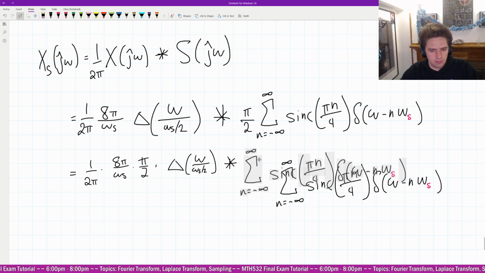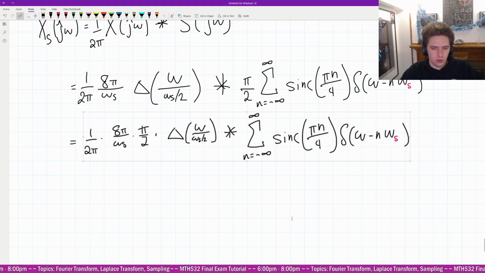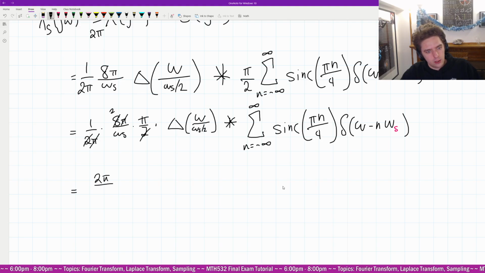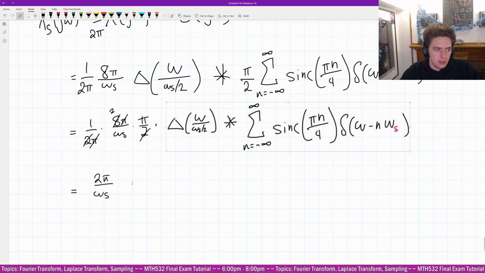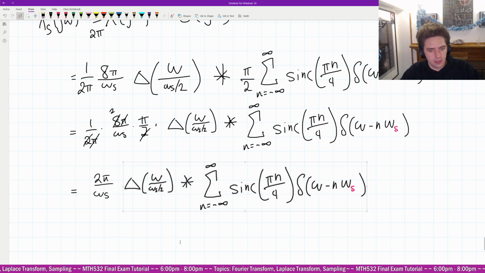I think I can do that. To be honest, it doesn't really matter because we're not going to graph this perfectly, but we can try our best. So the pi and the pi will cancel, and the 2 2's will cancel, so that becomes a 2 on top. So it's going to be 2 pi over omega s times all that. Convolution is linear. That makes sense. So I think we can do that.